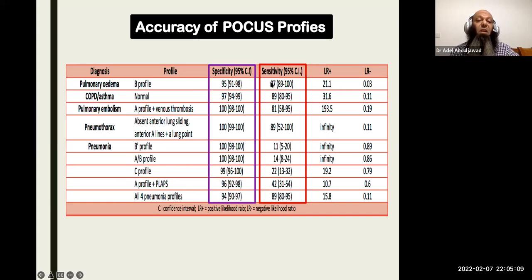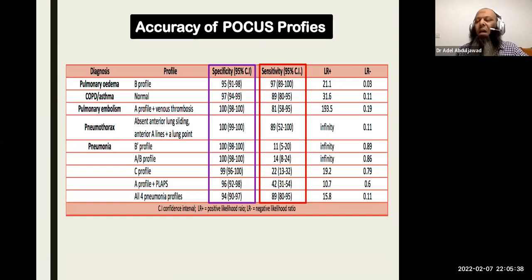In pulmonary edema, for the B profile, you have 97% sensitivity with 95% specificity. So again, point of care ultrasound is highly sensitive and highly specific when you identify a cause of acute hypoxemic respiratory failure in a patient presenting to you with circulatory failure.